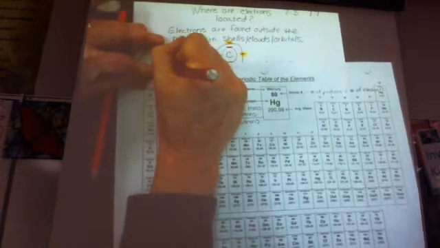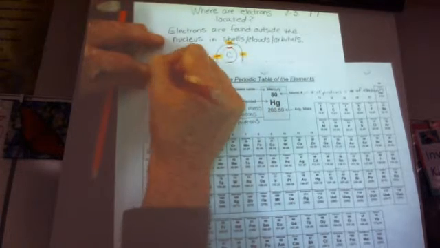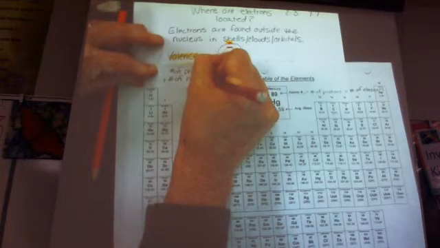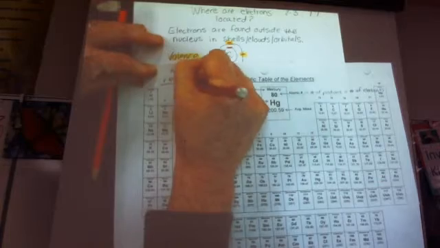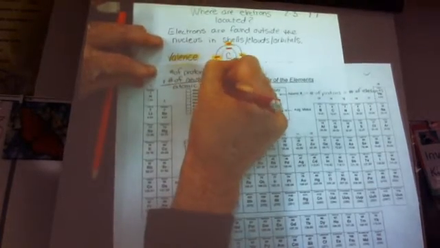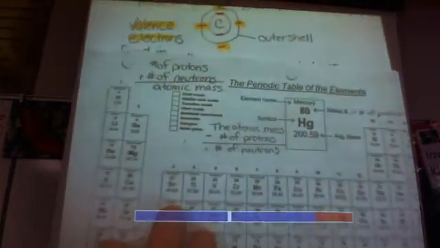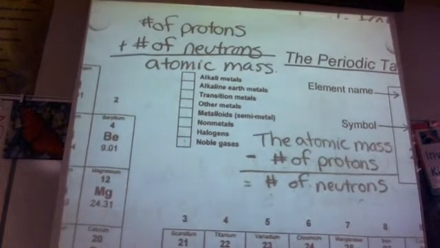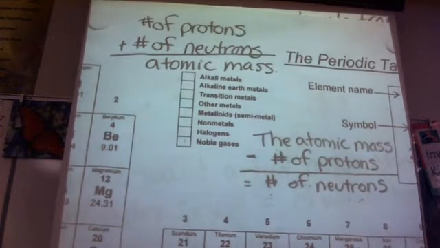It's number of protons plus number of neutrons equals atomic mass. Go ahead and write that formula down as well, so you have that on your periodic table. The 3 notes that I've written for you and you've written on your periodic table will be available to you with a periodic table for your quiz.